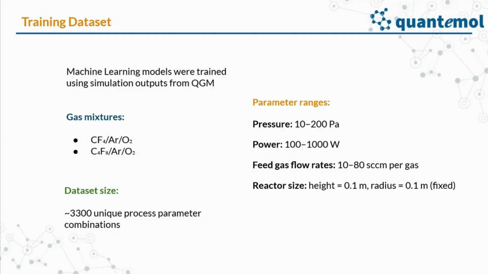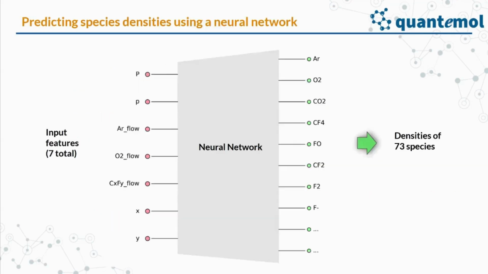In terms of process conditions, we varied pressure between 10 and 200 pascals, and the power was changed between 100 and 1,000 watts. As for feed gases, the flow rates were varied between 10 and 80 sccm per gas. For reactor size, we kept it fixed for all simulations, at 0.1 meter for both the reactor height and radius.